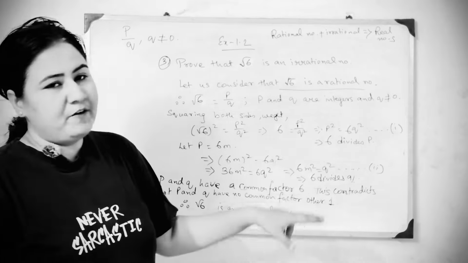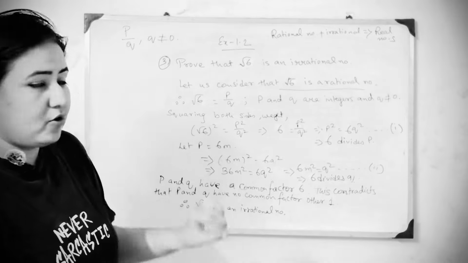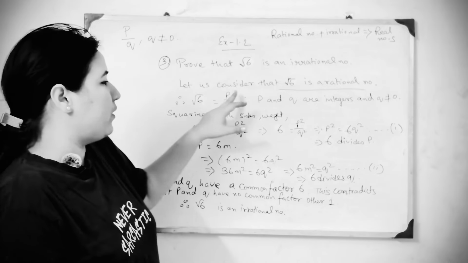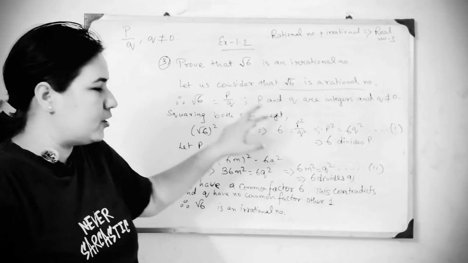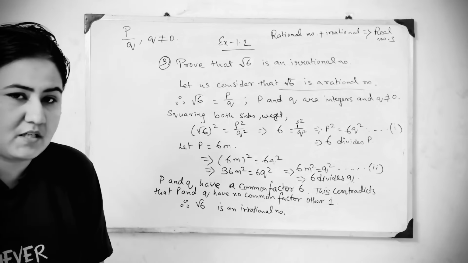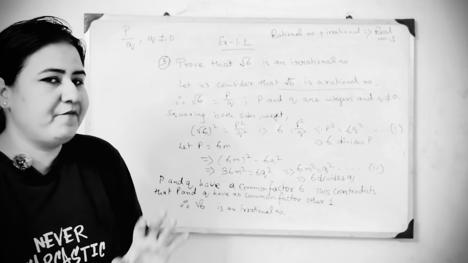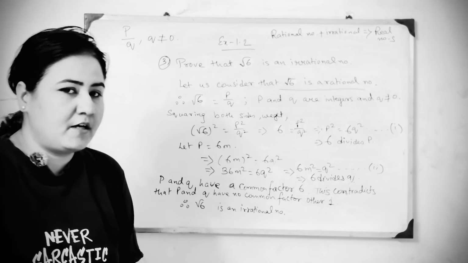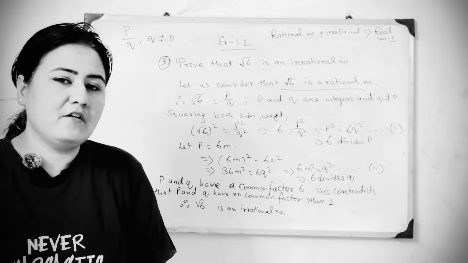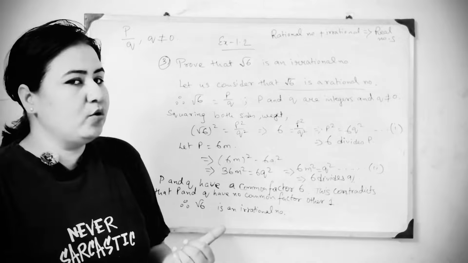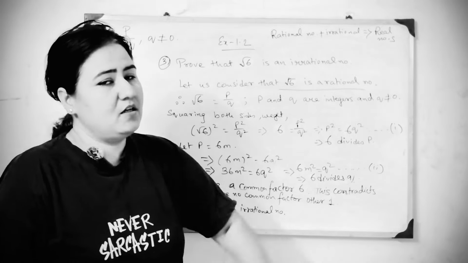If 6 is a common factor, then it is difficult to express p and q in the form of a fraction, because they have a common factor, which contradicts the definition of a rational number. So finally we can conclude that it is an irrational number.